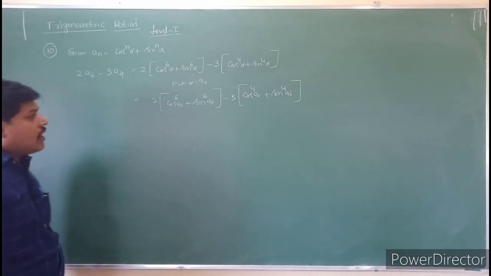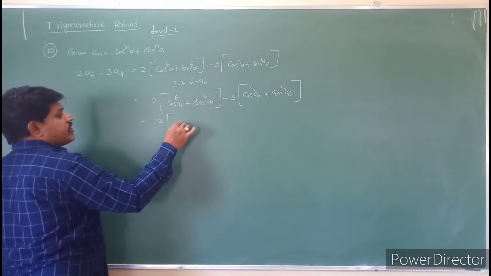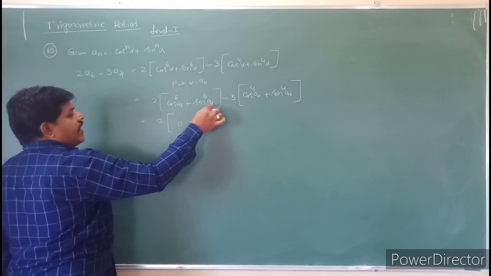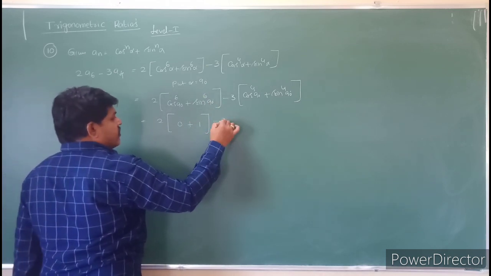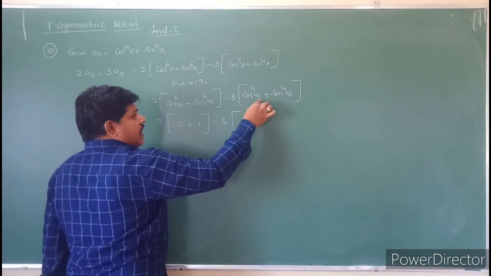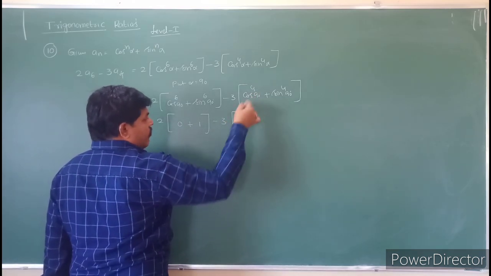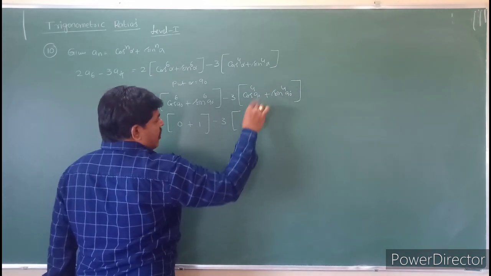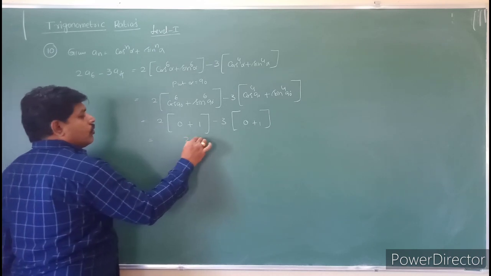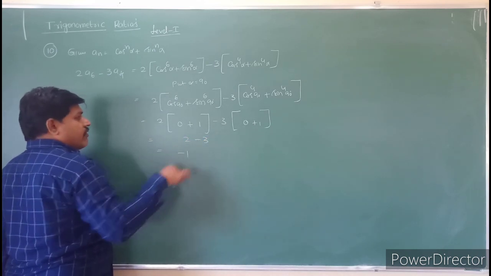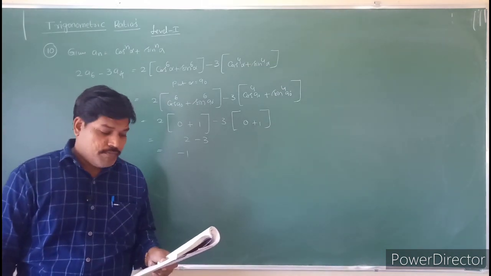So see students, what happens here? This is 2 into, cos 90 is 0, sin 90 is 1, 1 power 6 is 1, minus 3 into, cos 90 is 0, power 4 is 0, sin 90 is 1, 1 power 4 is 1. So that is equal to 2 minus 3, that value is minus 1.